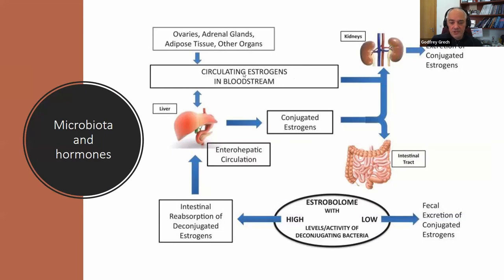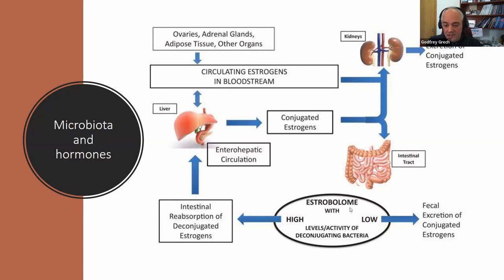Okay, but estrogens, of course, to regulate the amount of estrogen in the bloodstream, are what we call conjugated, but basically what it means is that a protein is bound to the estrogen, and that signals the bound estrogens, which we call conjugated estrogens, to be excreted via the urinary tract or the fecal excretion through the intestinal tract.